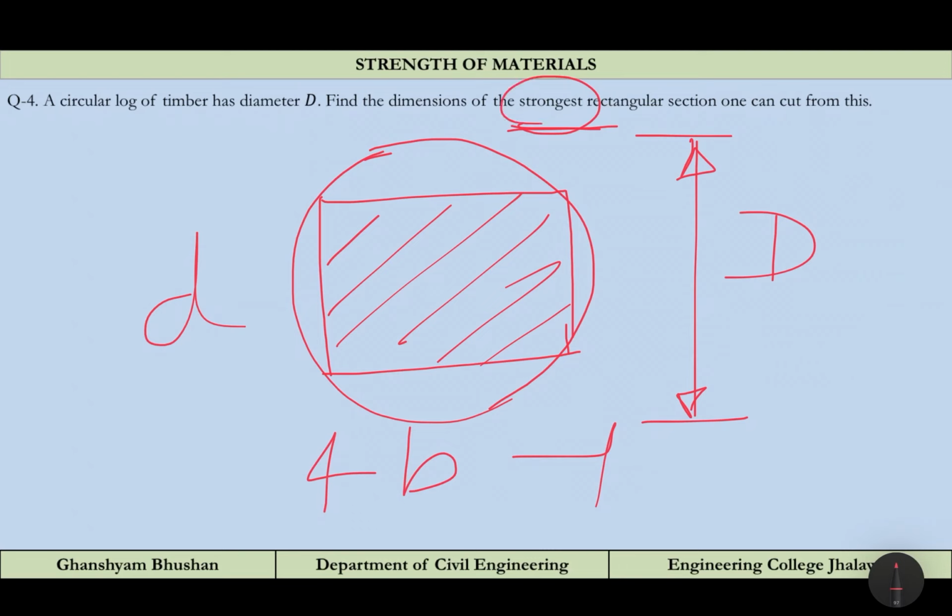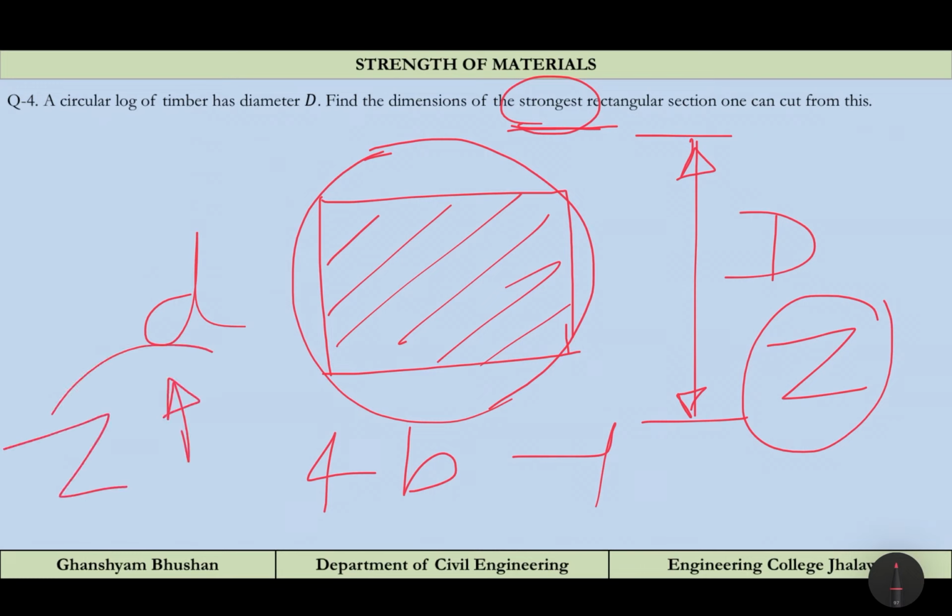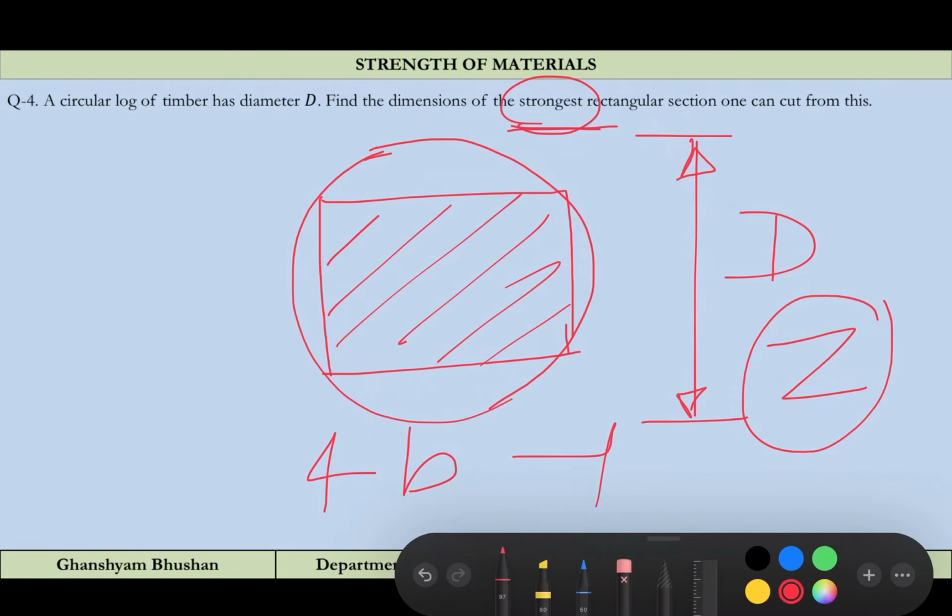So how are we going to see the strongness of the section? By calculation of Z. Z is the parameter which will show how strong the beam is in flexure. If we have a very high value of Z, the beam is very safe in flexure. So one thing is clear to us, Z will be the parameter for the comparison.